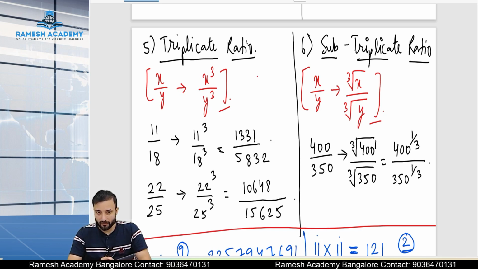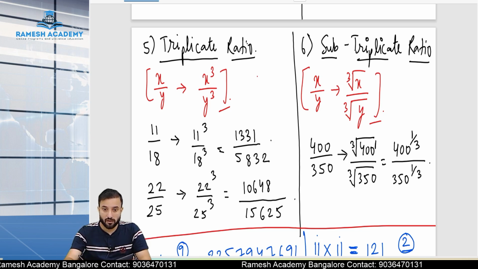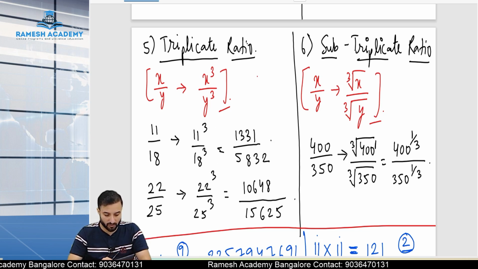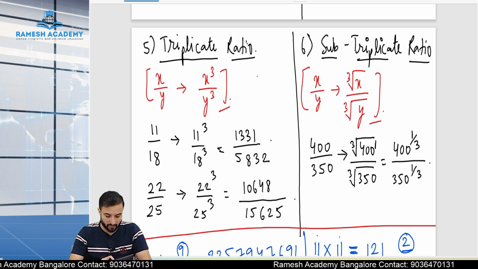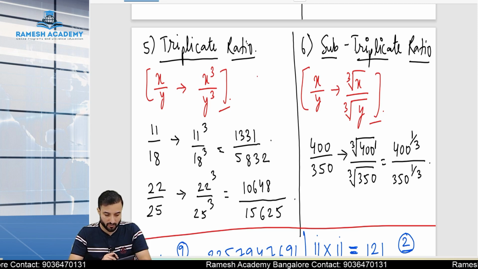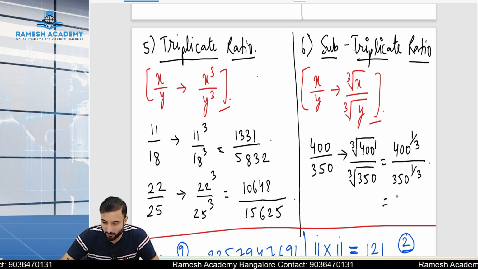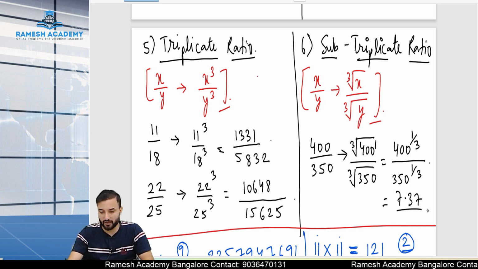Okay, then minus 1, then multiply with numerator. Numerator is 1. Then divide by denominator. Denominator is 3. Okay, then after that we have to do plus 1. Then multiply equals 12 set. We get 7.37. So for this we will get 7.37. Same like that you have to find for 350 and you will get the answer.